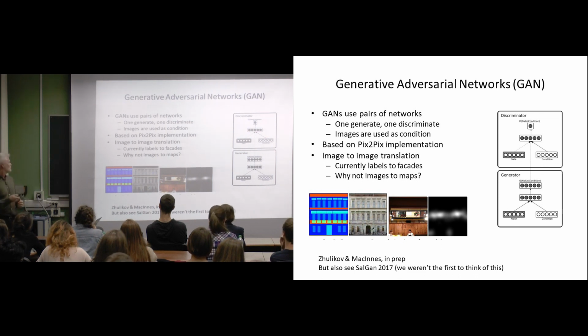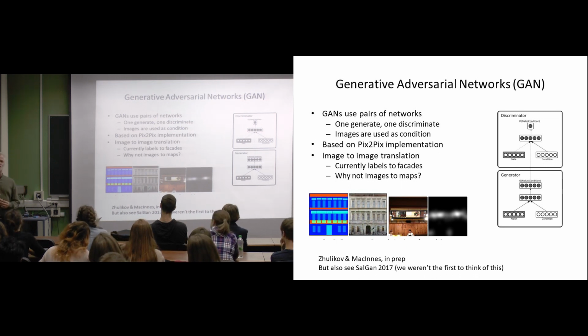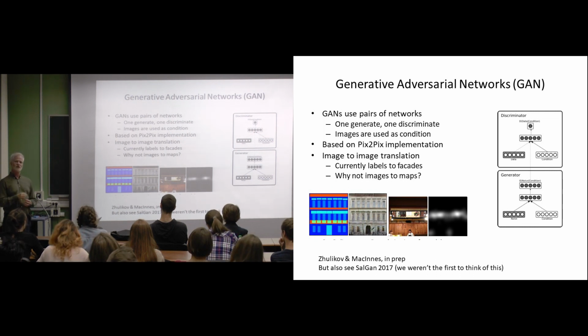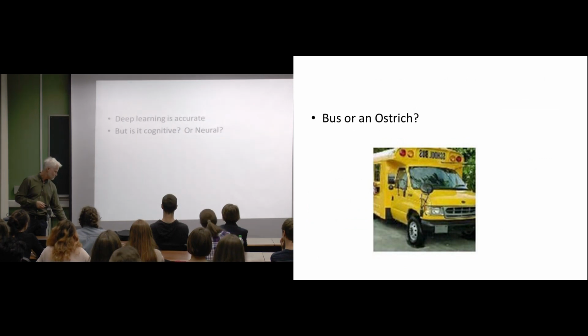And that allows us to give it an input of something like this image and learn based on that input the output salience map. We're not the first ones to do this. There is SalGAN 2017 that's already been playing around with this. They have a head start, but I think we're making some progress here, catching up to them. So that's another technique that we're approaching on this.